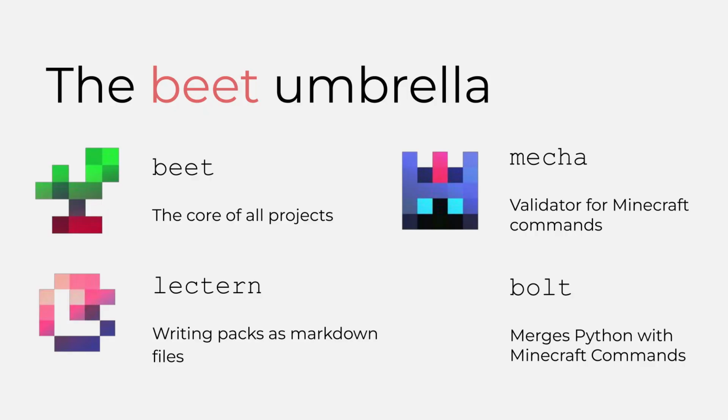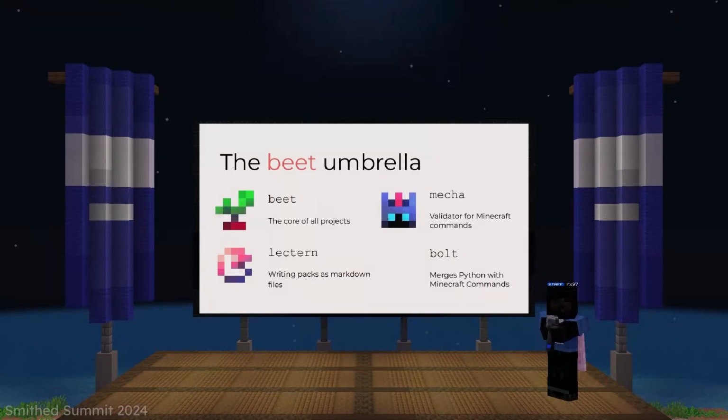Beet is the core of the entire ecosystem. You don't necessarily have to use Beet with everything, but generally most Beet enthusiasts are using the Beet toolchain in their terminal. This just lets them run their project on the fly as they wish, and it makes it very easy to have one tool that runs everything. You don't have to have a bunch of random scripts that do stuff.